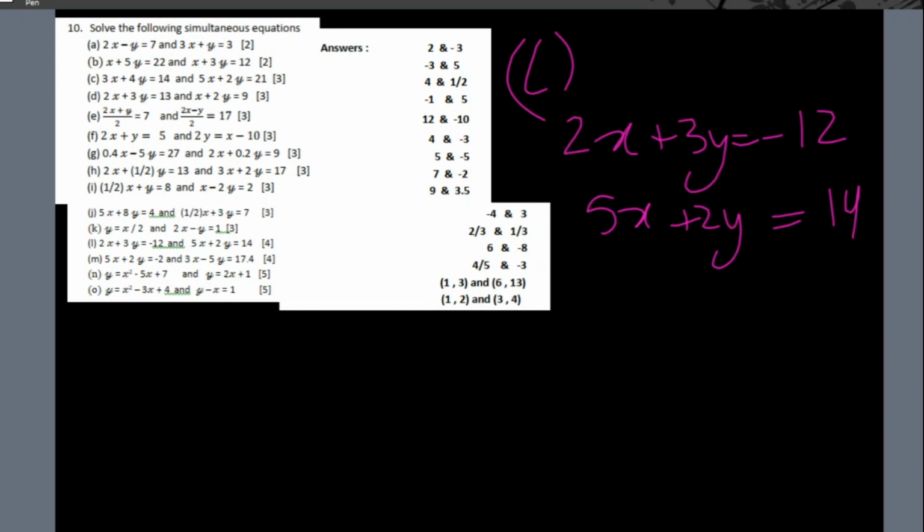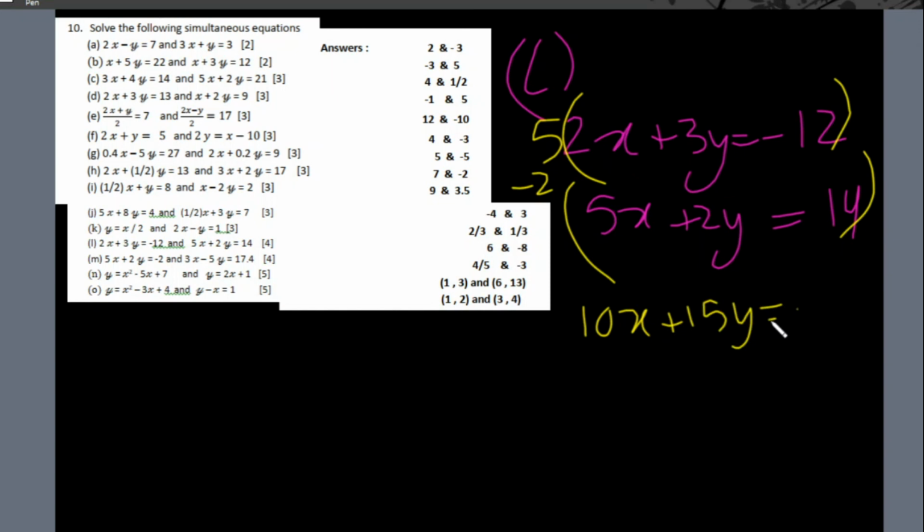So I will multiply this equation with 5 and this equation with minus 2. So the first equation becomes 10x plus 15y equals minus 60, and the lower equation becomes minus 10x minus 4y equals minus 28. Now you'll add and eliminate, and the rest you know. So this was part L. Part M is the same as part L.